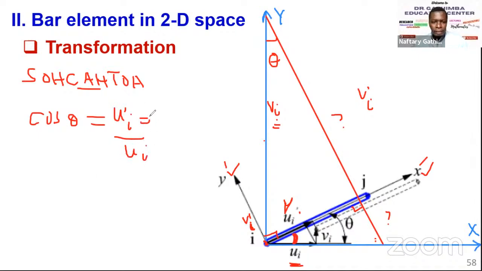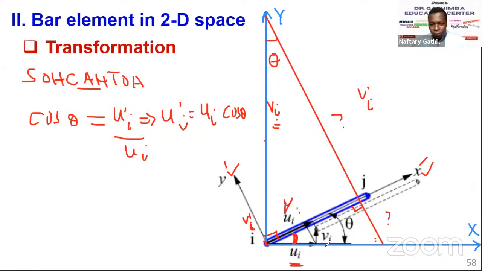So in that case, I'll have U prime I, because we want to see the transformation, equals UI cos theta. So it means to move from the local coordinate system UI, I need to multiply with the cosine of this angle. I have resolved it along the horizontal axis.